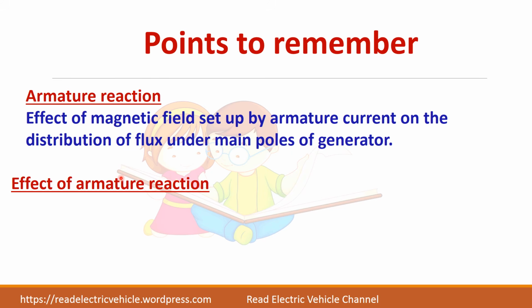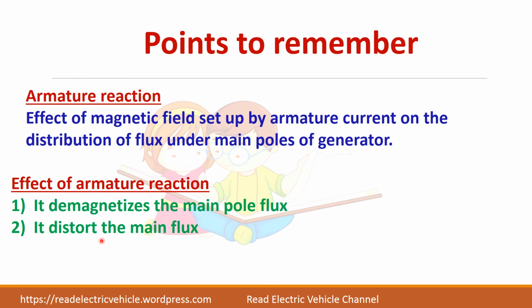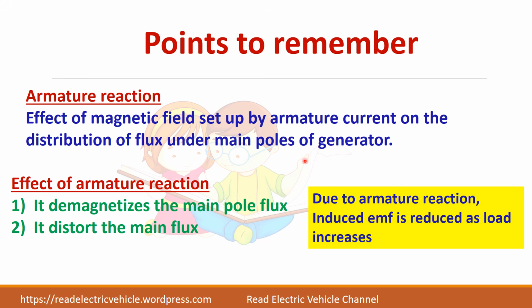What is the effect of armature reaction? It demagnetizes the main pole flux, and it also distorts the main flux. Due to this, the EMF induced will decrease as the load increases.